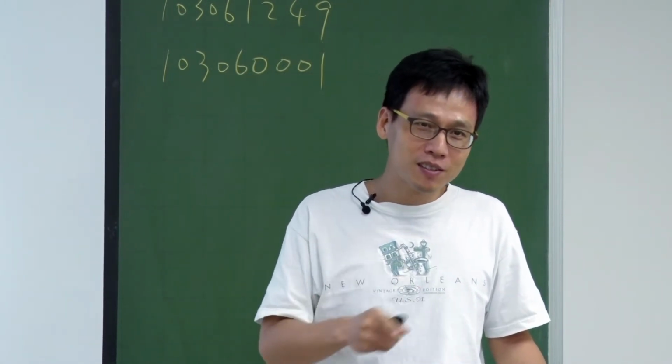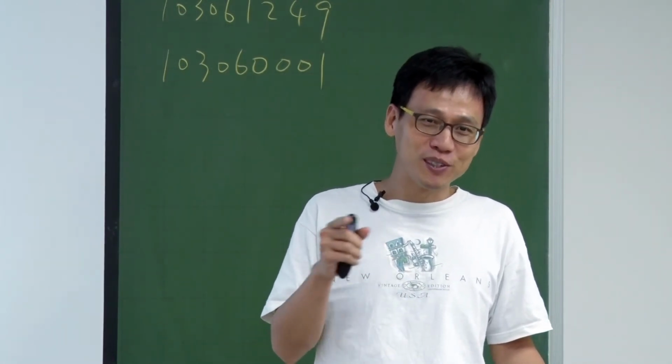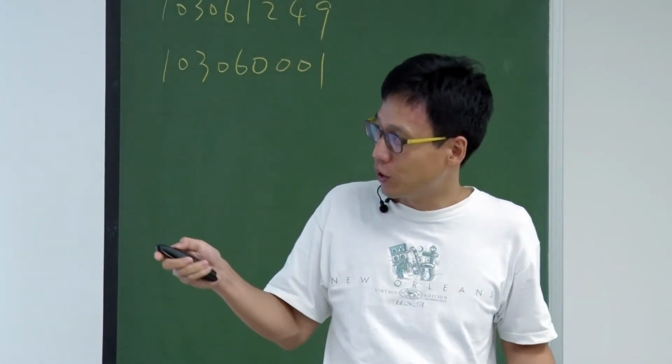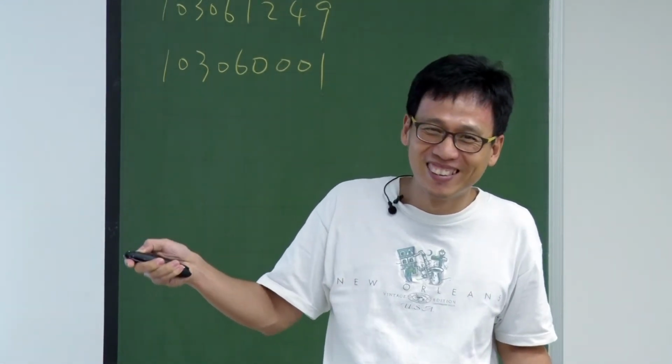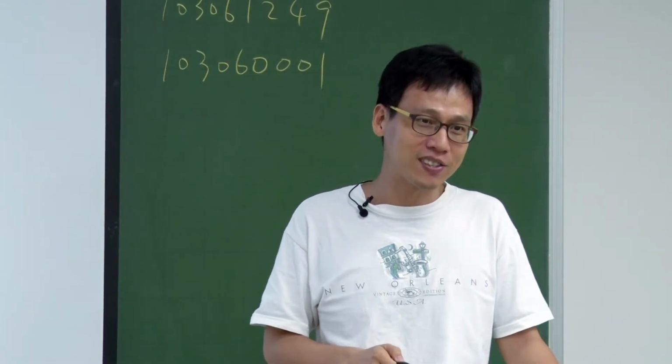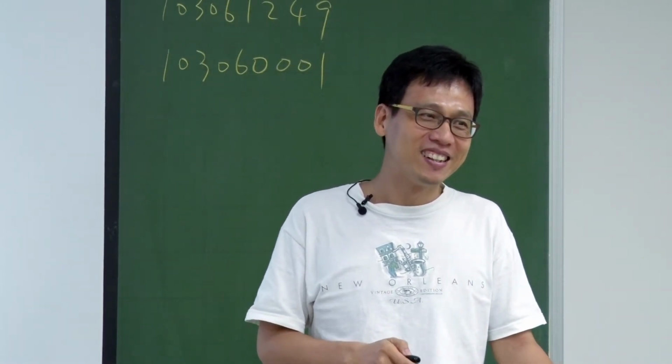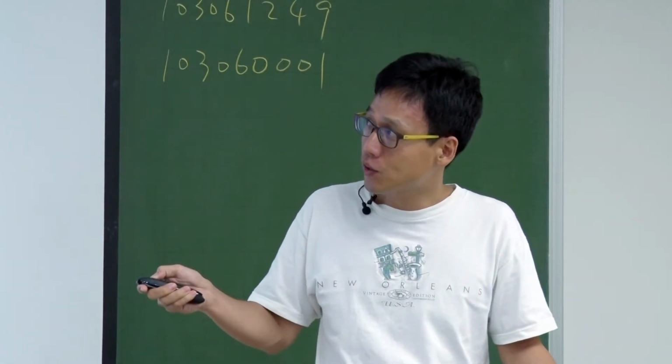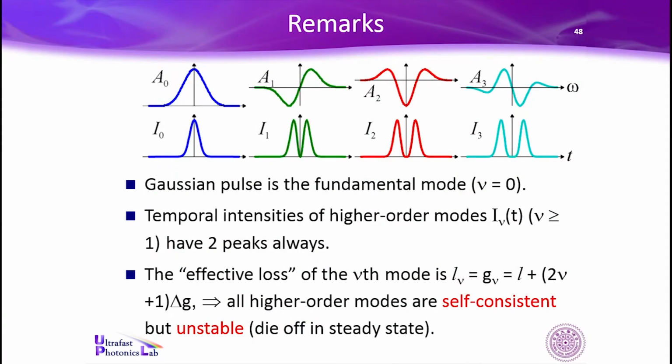Then after some round trips, you can observe it will evolve into this one, and this will not exist in steady state. Okay. But if you send an input like this, even with noise, it doesn't matter, it will survive.